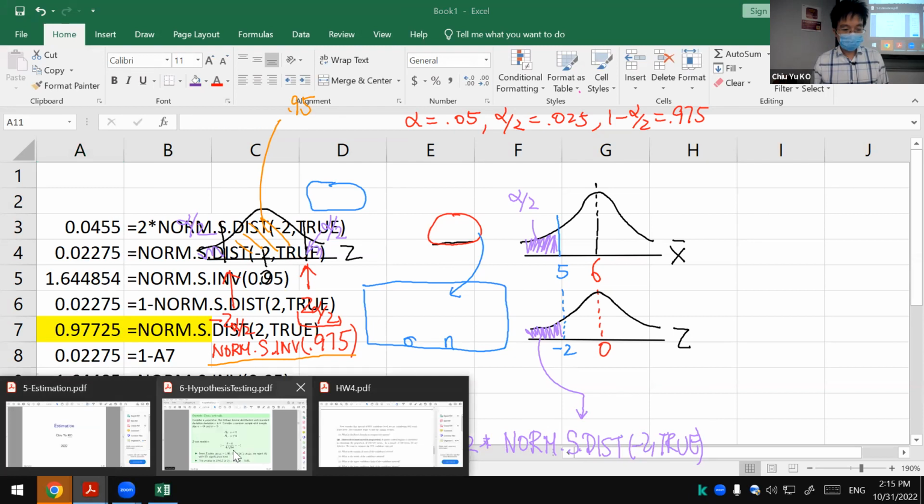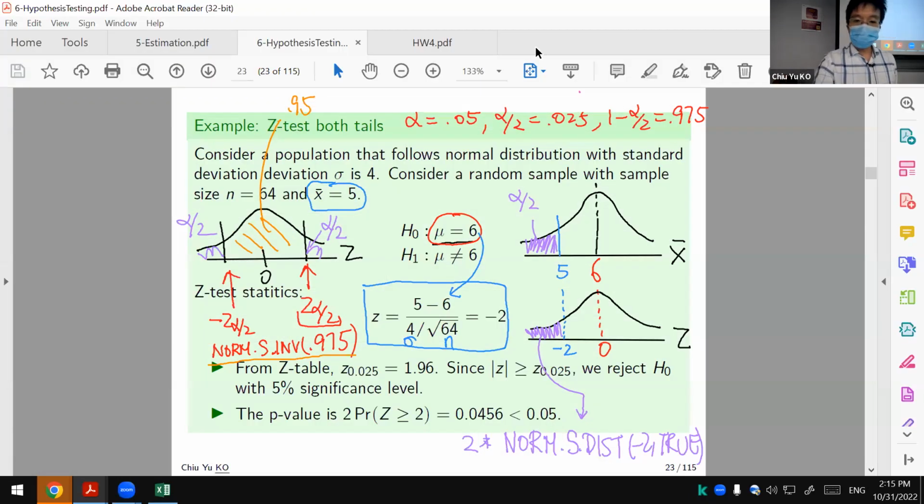What we have is the blue one, which is -2, and these two critical values are 1.96 and -1.96. That means that if your blue area is more extreme than the critical value, then you reject. Either your p-value is much less than alpha, or your test statistic -2 is more extreme than the critical value.